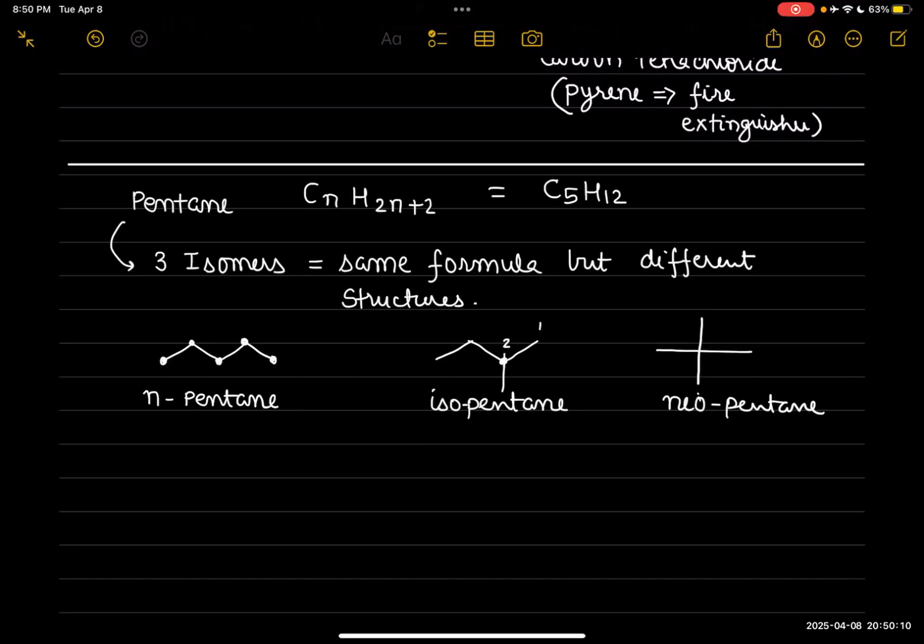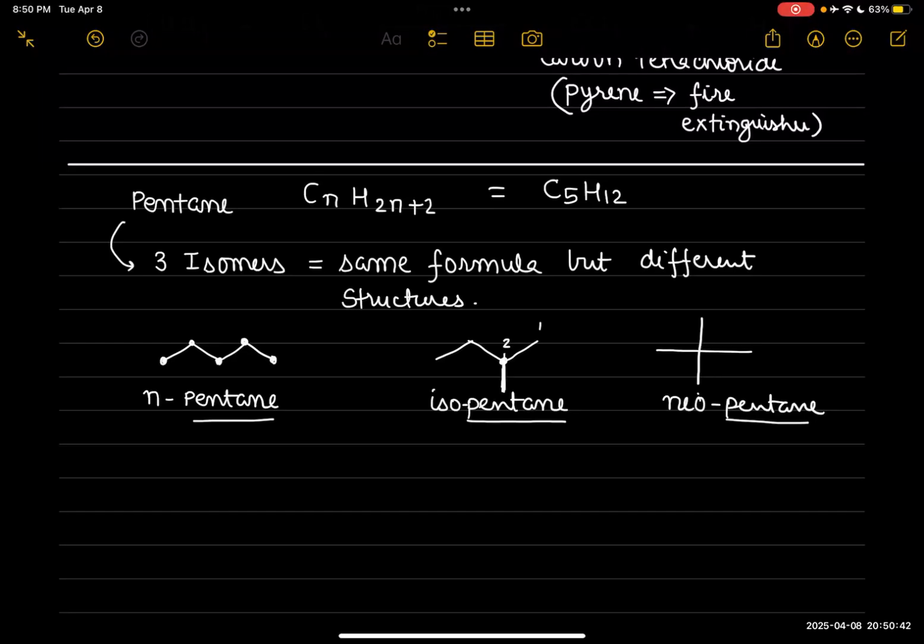Iso means there is a branch of 1 methyl coming out, and the total carbon atoms will be 5. This methyl you can see. And neo means 2 carbon atoms coming out from the main chain.